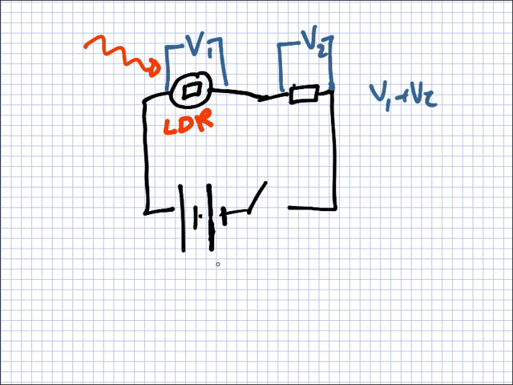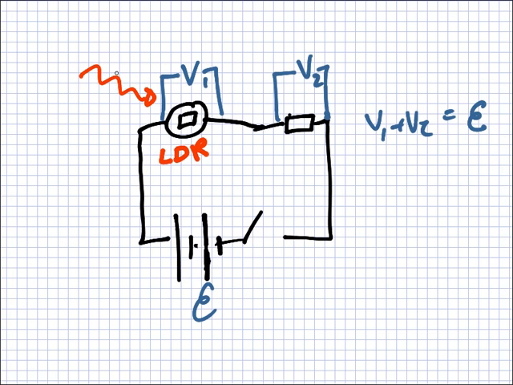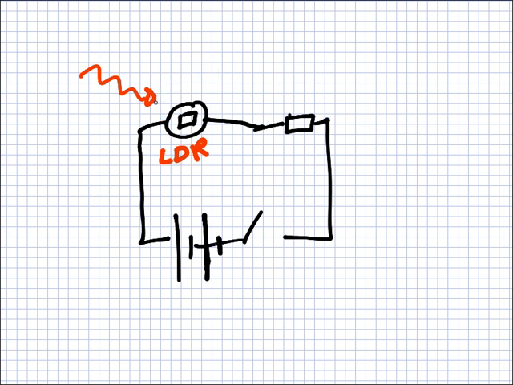V1 plus V2 should equal E. If there's more light here, it means less resistance, so this goes down, but these two should make E, so this one goes up. So if they say put it where it should increase, I should put it here.